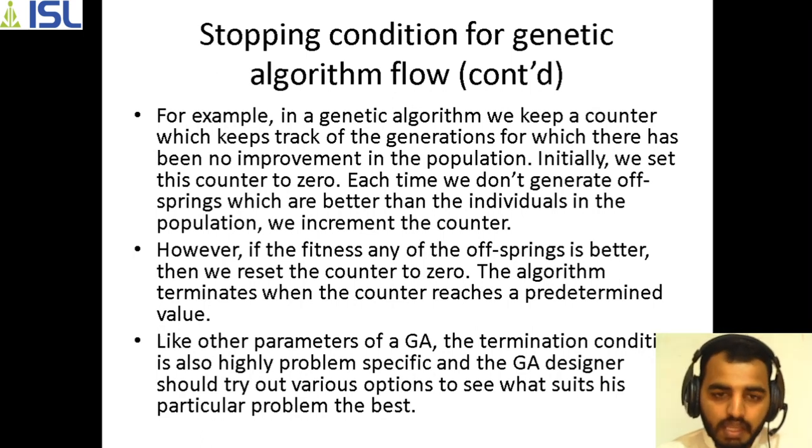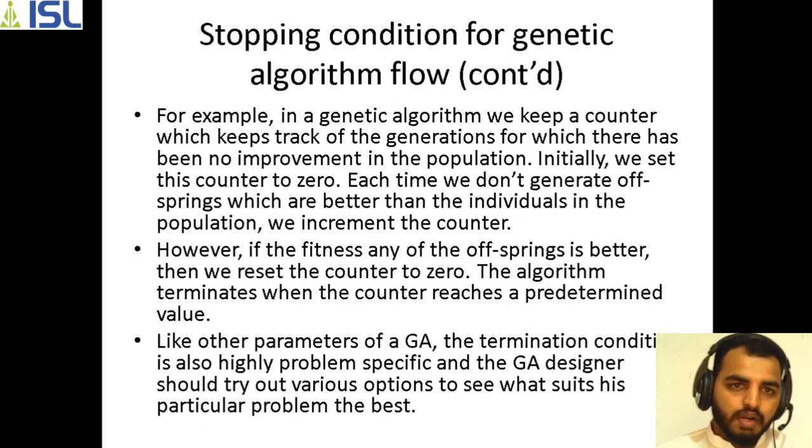However, if the fitness of any of the offspring is better, then we reset the counter to 0. The algorithm terminates when the counter reaches a predetermined value. When the counter reaches the predetermined value, it applies the stopping condition.